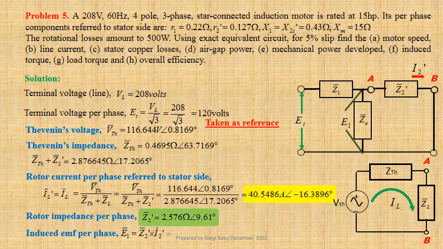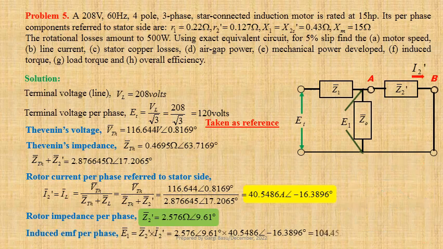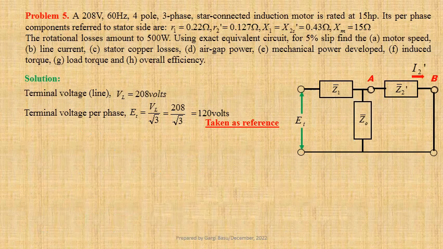Therefore, E1 equals 2.576 at an angle 9.61 degree into 40.5486 at an angle minus 16.3896 degree. That gives us 104.4532 volt at an angle minus 6.7796 degree.